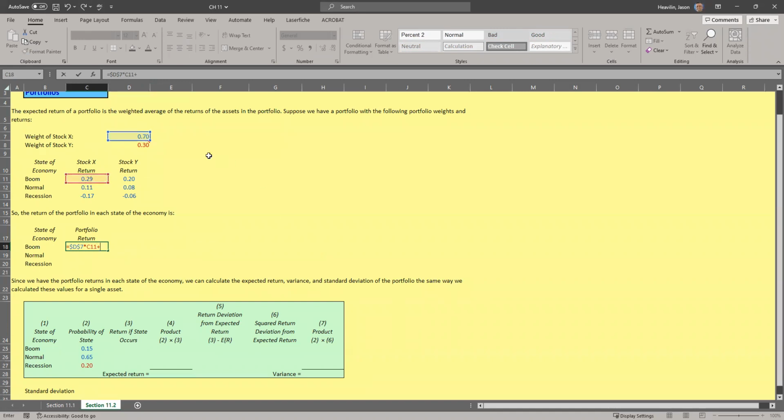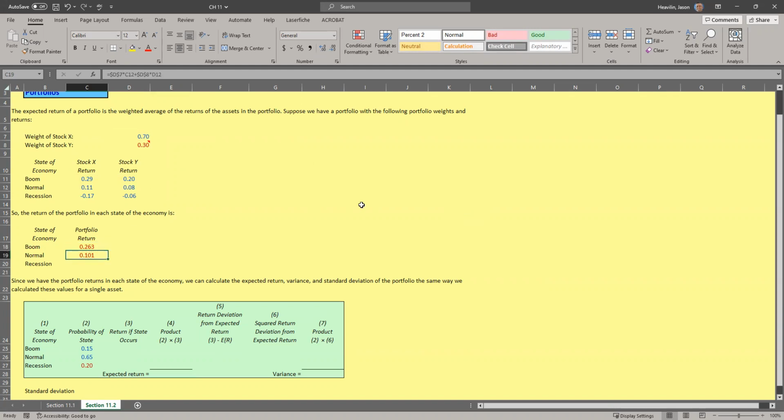plus the weight of stock Y, since the weight of stock Y is not going to change, times the return of stock Y if the economy has a boom. So the portfolio return in a boom situation would be about 26.3%.